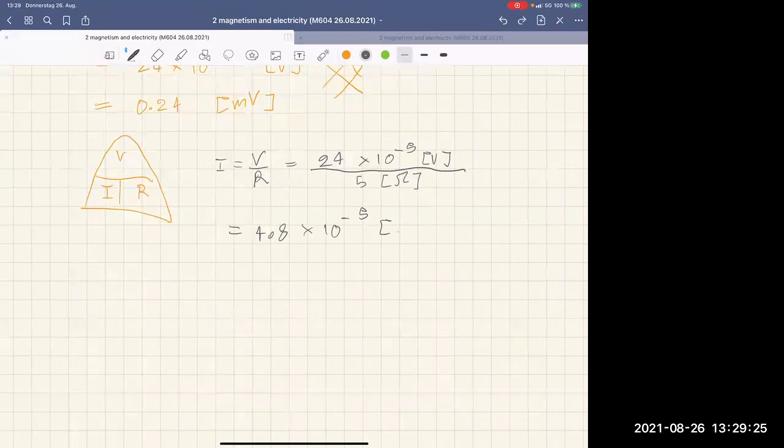If you want to say it in micro scale, you would have 48 micro ampere, a very tiny amount of current. 48 micro ampere, and that's it.